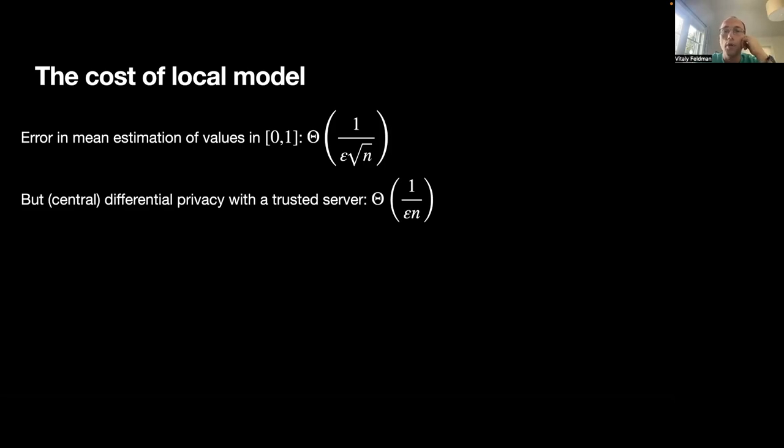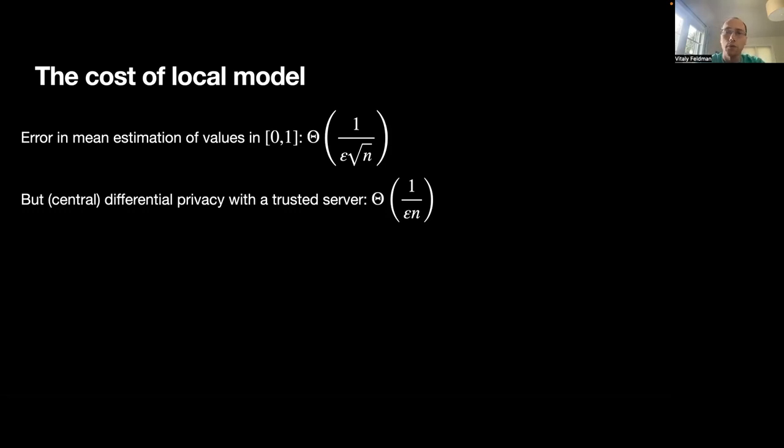And more importantly, we know that if the only thing we cared about is ensuring privacy, and we had a trusted server, we could provide this kind of central notion of differential privacy with error which scales as 1 over epsilon n, basically a square root n better than the error we get in the local model. And it's a significant difference.